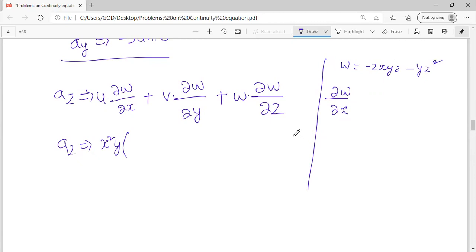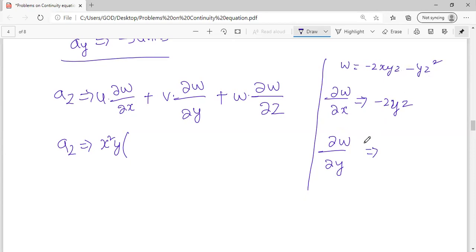So if you write ∂w/∂x, there is no x component in this, it comes out to be 0, and it becomes minus 2yz. Clear, I hope. Then ∂w/∂y is written as, if you observe, there's a y term here and y term here as well.